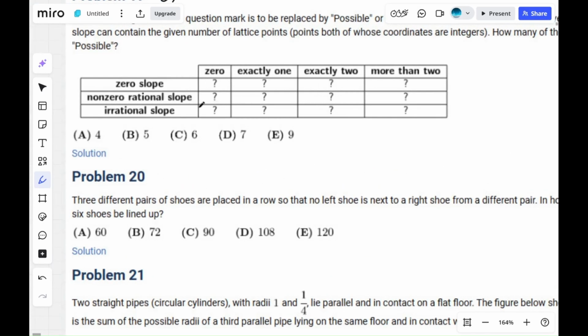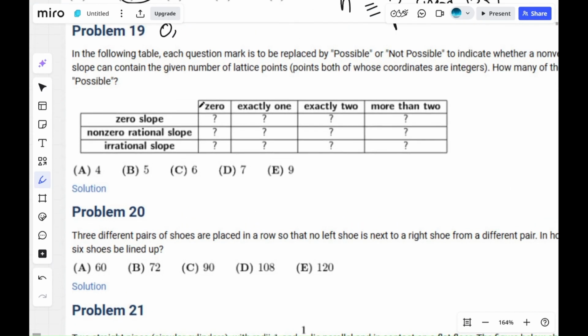So when the slope is 0, then y is equal to k will be the equation of the line. So 0 lattice points is definitely possible because, let's write the equation out here. So y is equal to k, and if k is not an integer, then every point on this line will not be a lattice point because the y-coordinate will not be an integer.